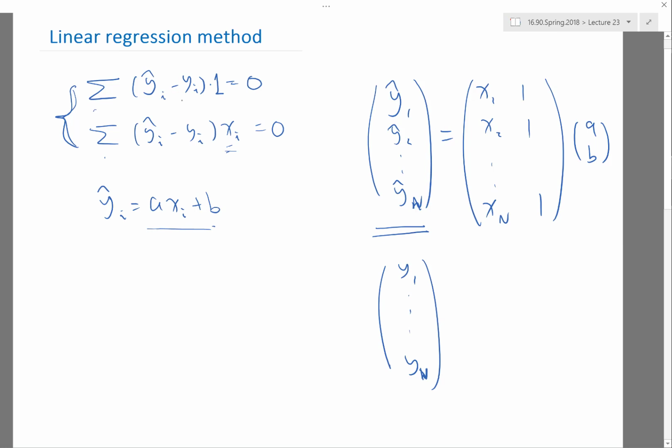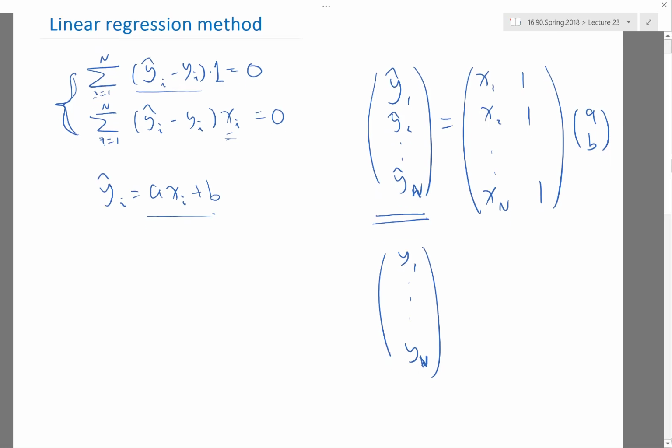So basically, I have the same vector summed from 1 to n times either 1 or x_i equal to 0. So I have another vector of 1. Yes. So basically, the first equation is like I have 1, 1, etc., 1, times my y1 hat, y2 hat, etc., yn hat, minus the same 1, 1, 1 times this vector of y's equal to 0.